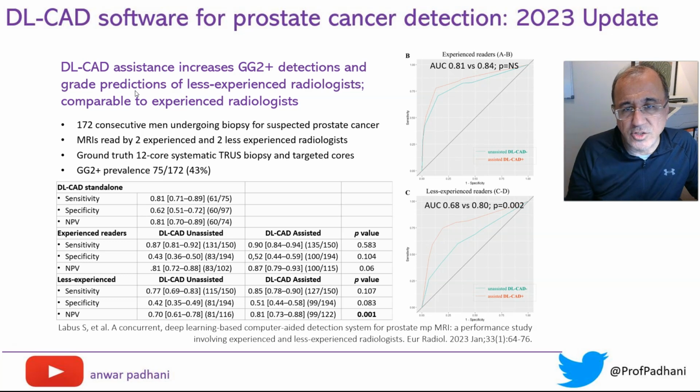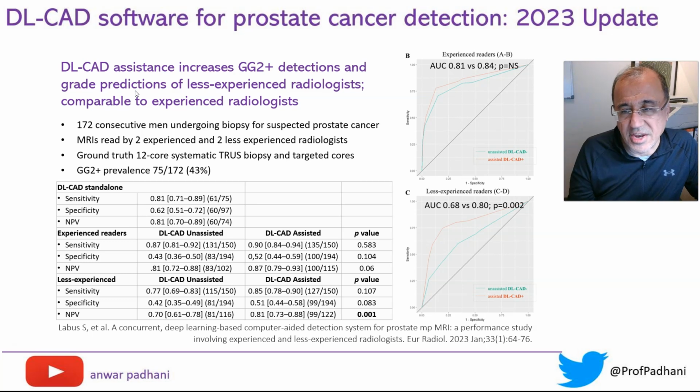So on the top right-hand side, you can see for experienced users, with and without the AI, there is very little improvement in the performance. But if you look on the bottom right-hand side, for inexperienced readers, you'll see that the inexperienced readers improve with the use of AI, not only increasing sensitivity but also increasing the negative predictive value.